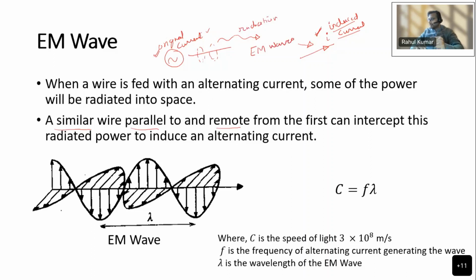Now the electromagnetic wave, as you can see in this figure, consists of two accelerating fields which are mutually perpendicular to each other and to the direction of propagation. So you have the electric and magnetic field which are perpendicular to each other and to the direction of propagation.